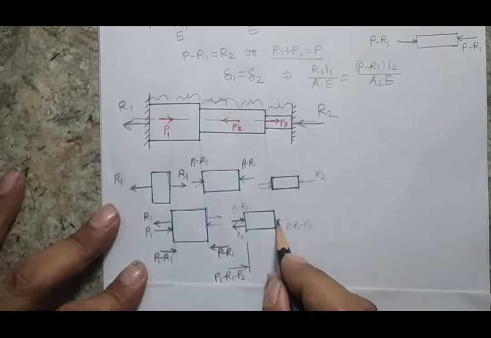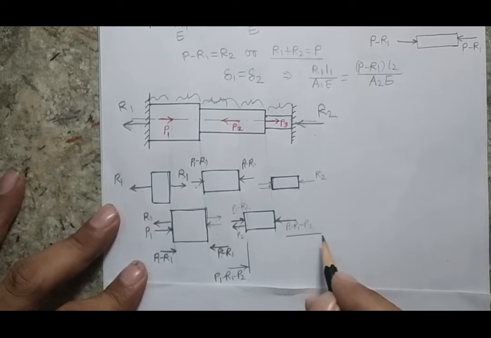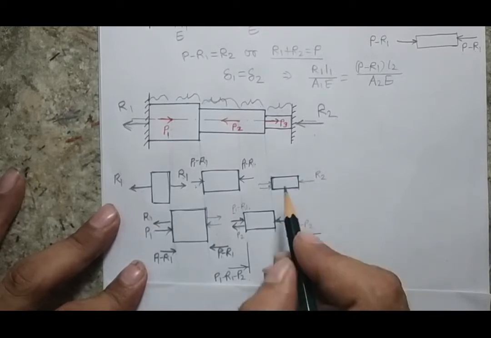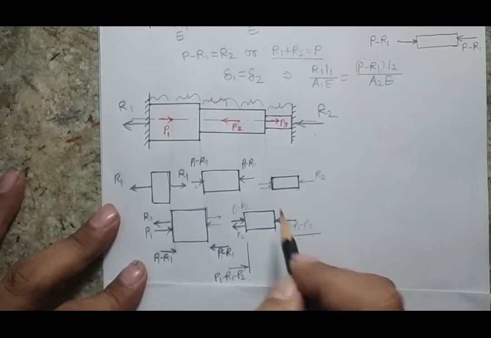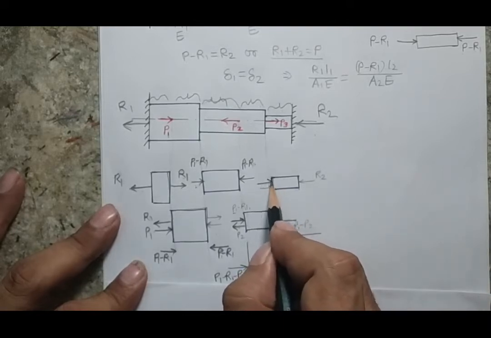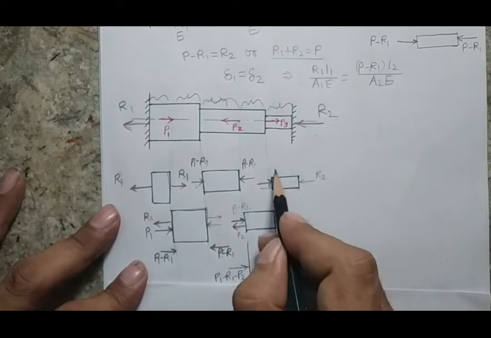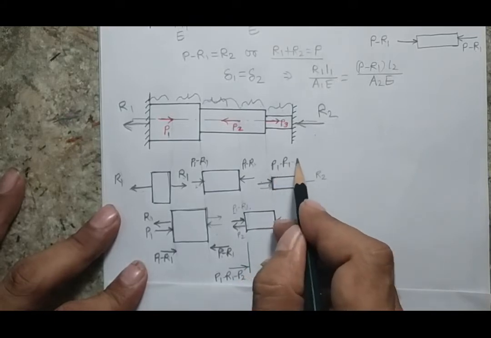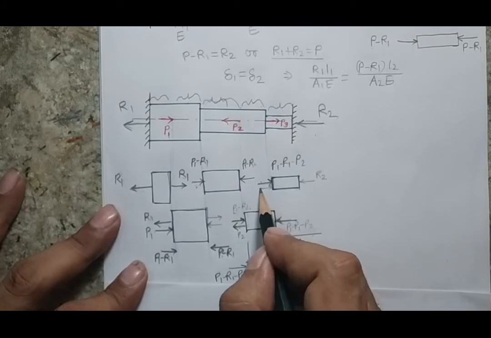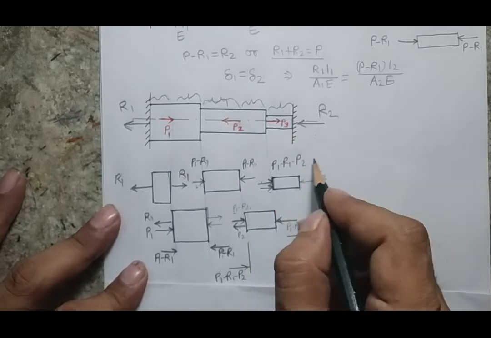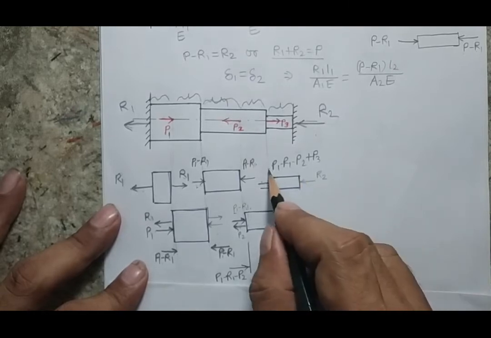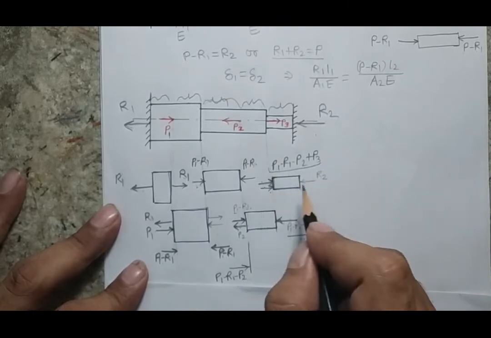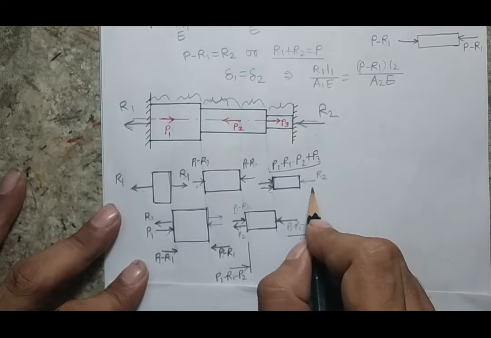So equal and opposite P1 minus R1 minus P2 I am going to put here, and when I shift or consider this force as equal and opposite here, this would be my P1 minus R1 minus P2, and the P3 is also acting in the same direction. So I will put this P3. Finally the force acting at this side will be balanced on the other side.